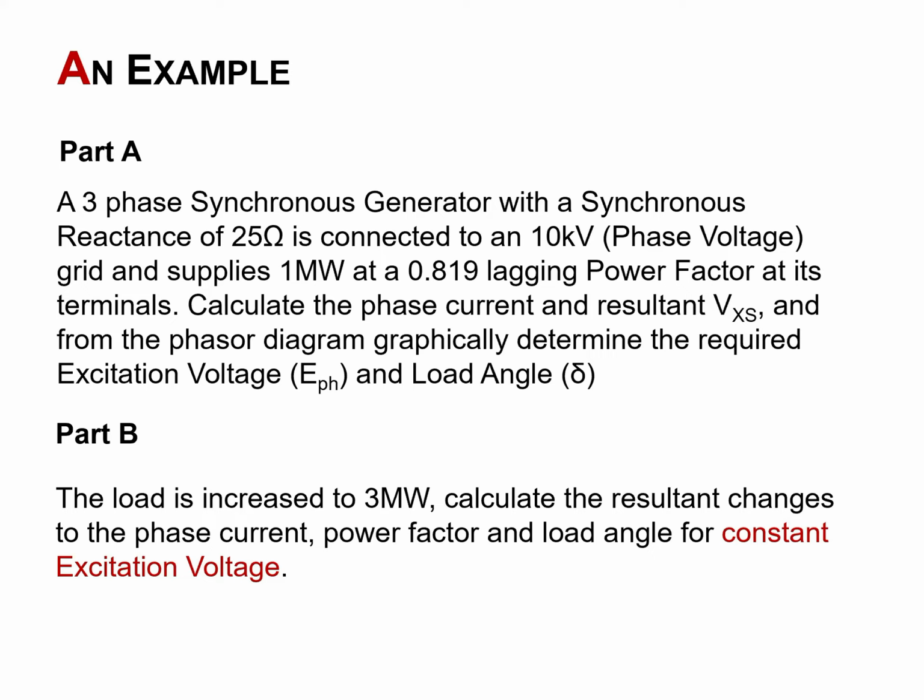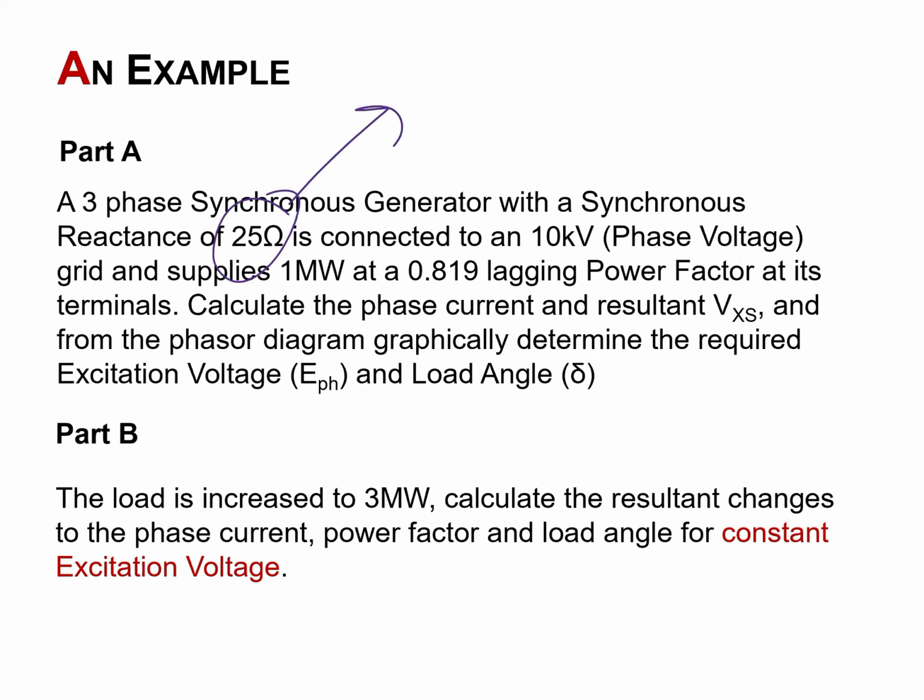So let's read through part A. A three-phase synchronous generator with a synchronous reactance of 25 ohm is connected to a 10 kilovolt phase voltage grid and supplies 1 megawatt at a 0.819 lagging power factor at its terminals. Let's stop over here. So we have a three-phase synchronous generator.